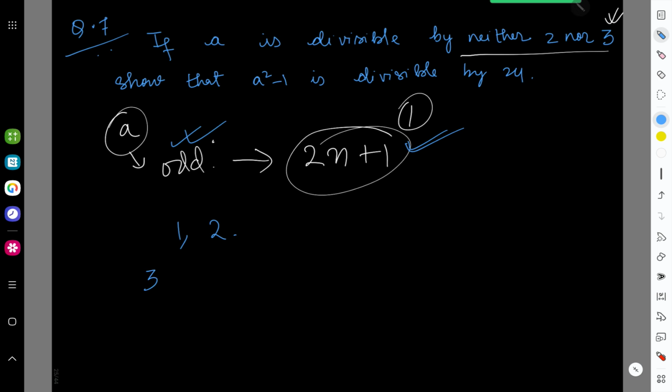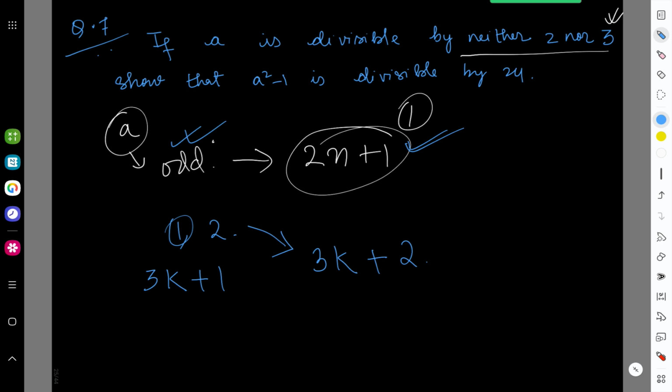If it had been divisible by 3, then the expression we can use is 3n, or let's say 3a. Then if the remainder is 1, we can use plus 1. And for the remainder 2, we can write the general form as 3k plus 2. So these are the things that you need to know before solving this question.